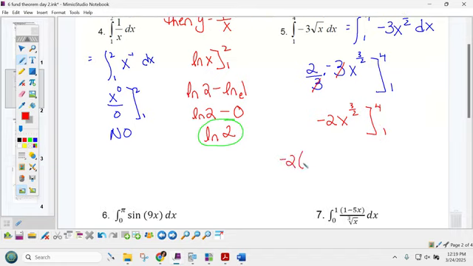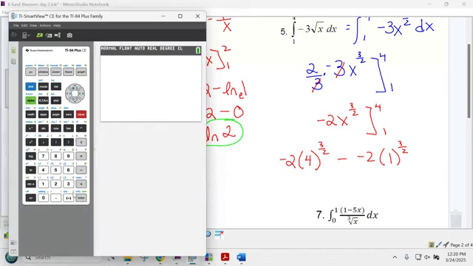So now, input the top number, input the bottom number. These will actually simplify nicely because this denominator of 2 is a square root. So I know that I can square root 4.